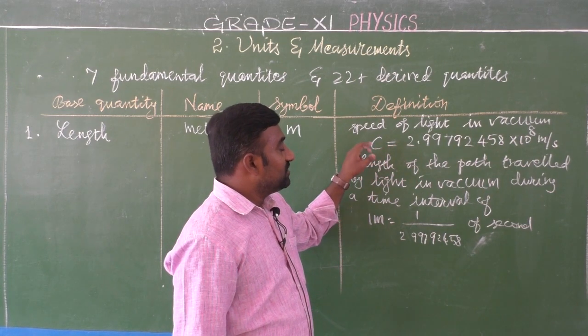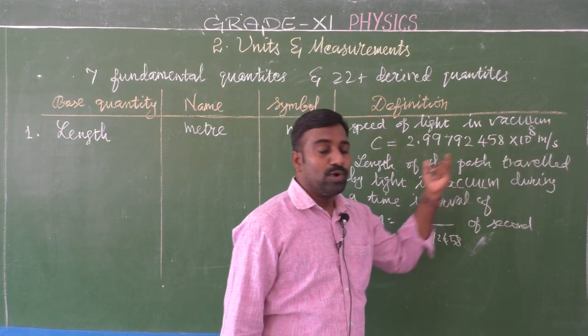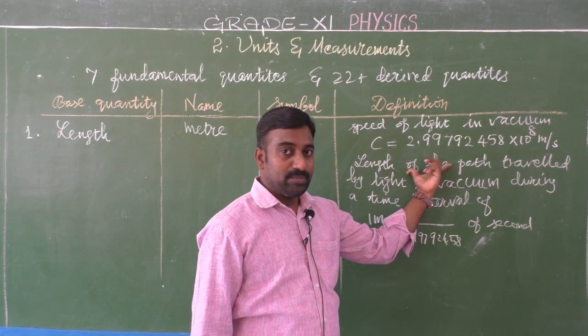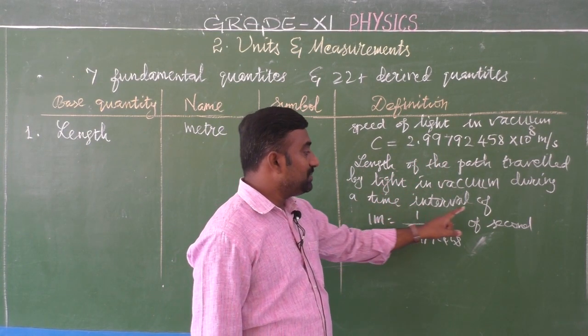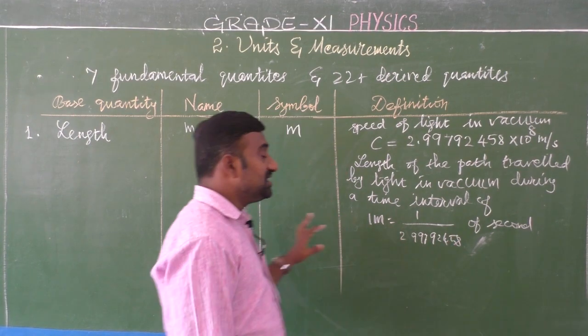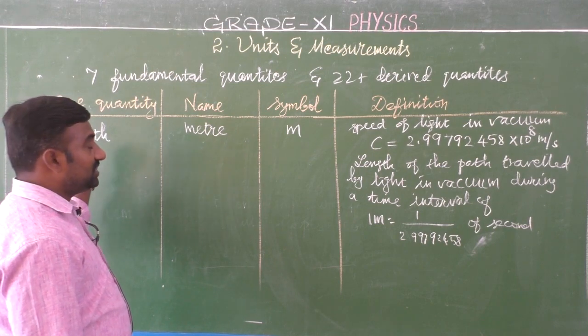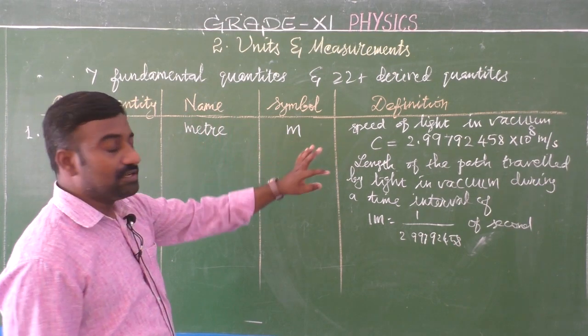If light travels this much distance in one second, what is 1 meter in it? 1 meter is the length of the path travelled by light in vacuum during the time interval of, and if you take the inverse you get that. So this is the definition. The unit used for length is meter, its symbol is m, and the definition is also given.